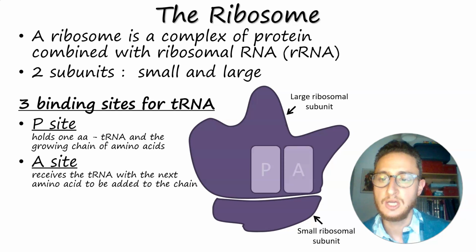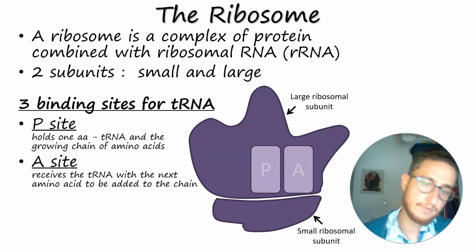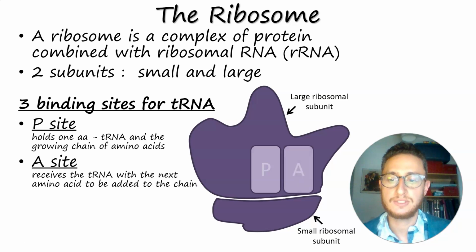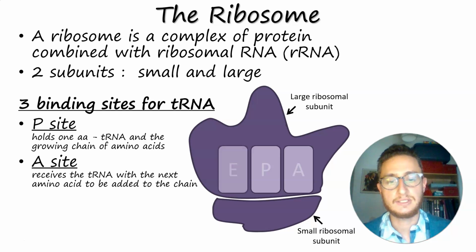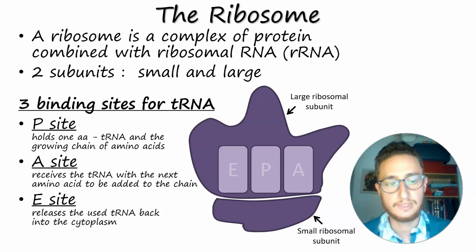There's the P site, which is going to hold one aminoacyl tRNA, and it's going to be attached to the growing polypeptide chain. And then you have the A site, which is going to be able to accept and receive new incoming tRNAs. The last site is the E site, which is where tRNAs are going to exit or leave after they've been used.